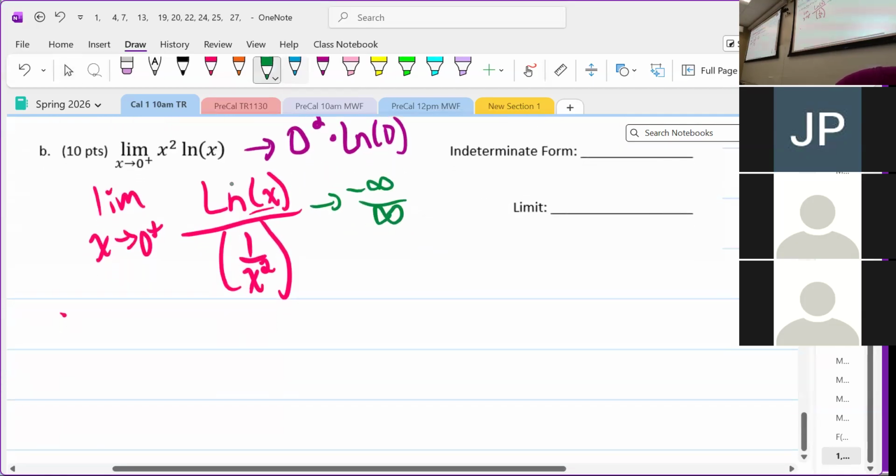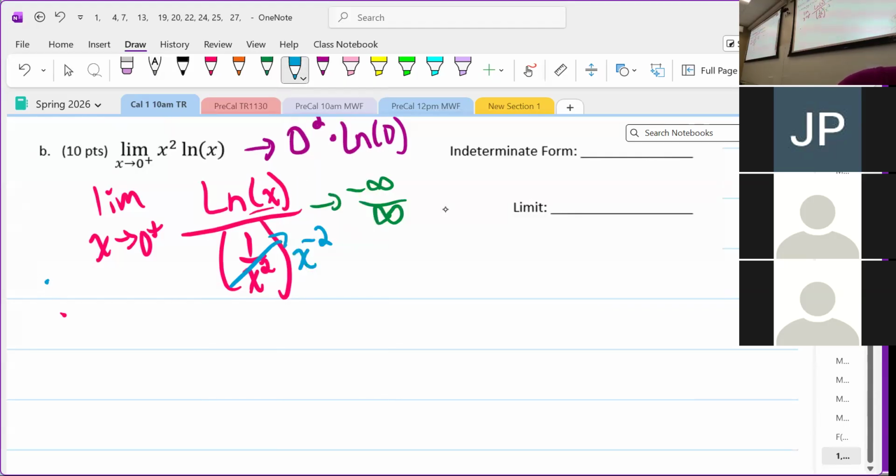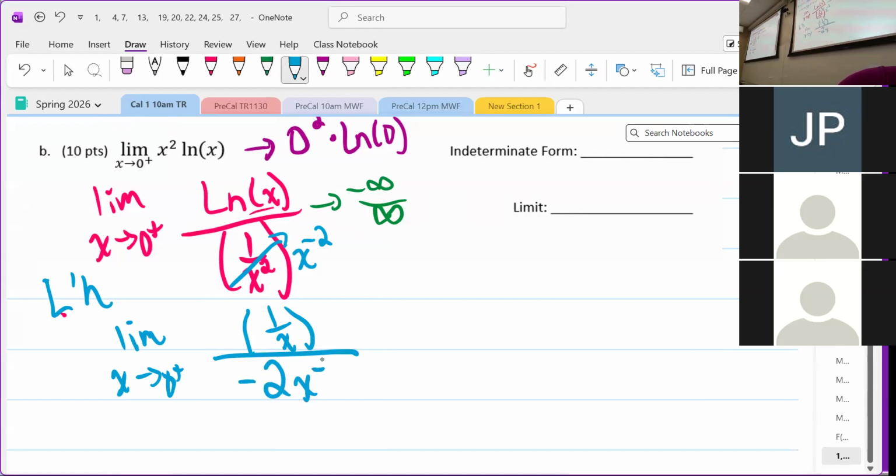So the natural log of x, I can take the derivative of that. The 1 over x squared, I'm going to rewrite as x to the negative 2. The limit is still infinity for it, but now I can actually differentiate it. So the derivative of natural log of x is 1 over x. The derivative of x to the negative second is negative 2x to the negative 3.